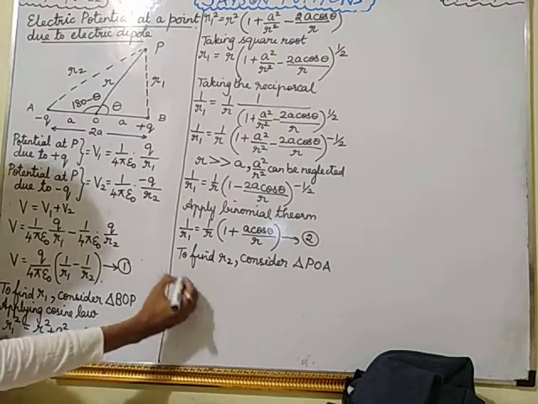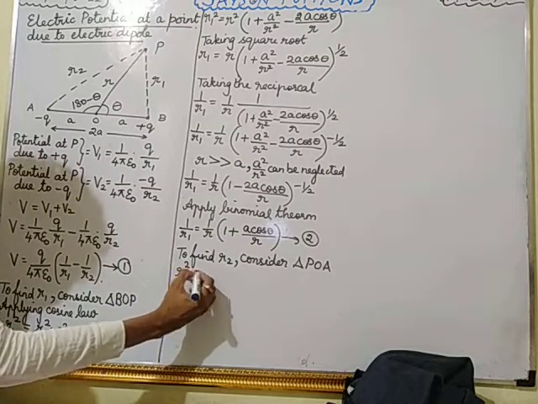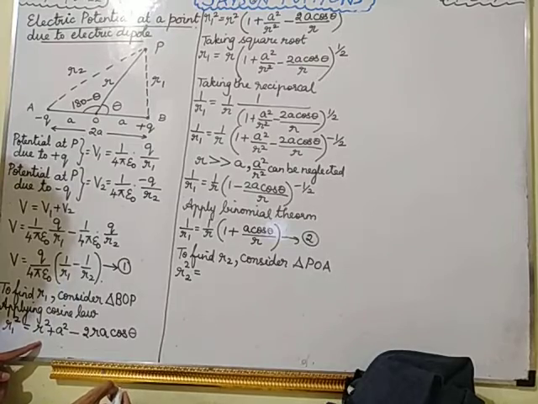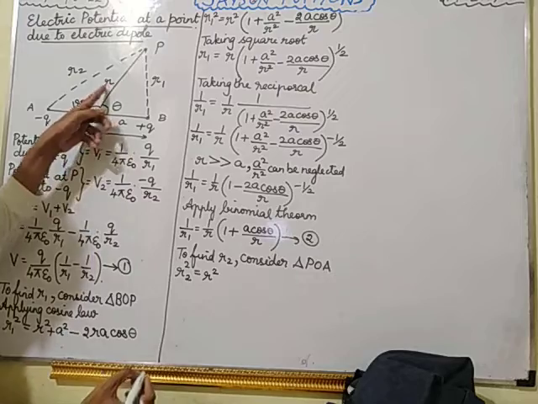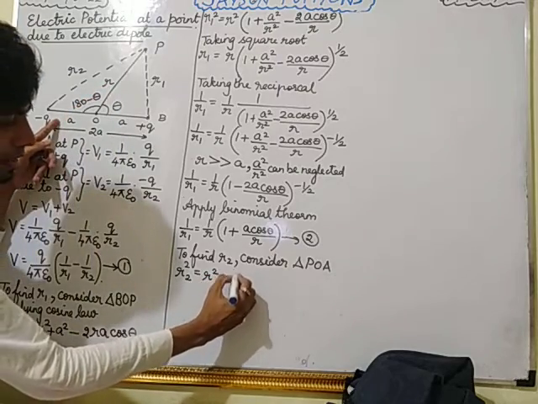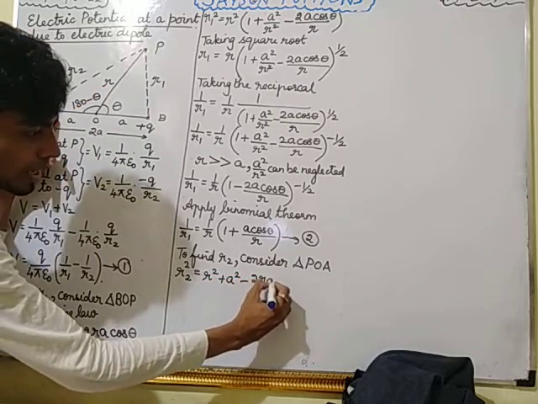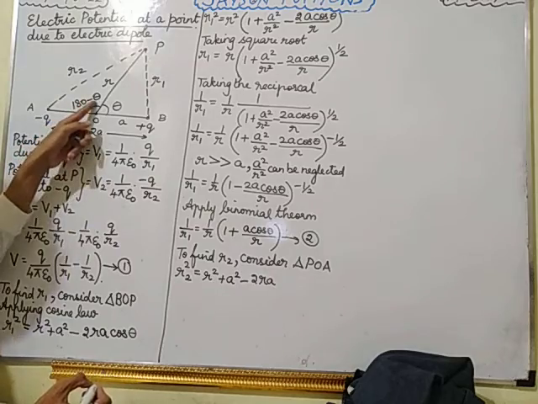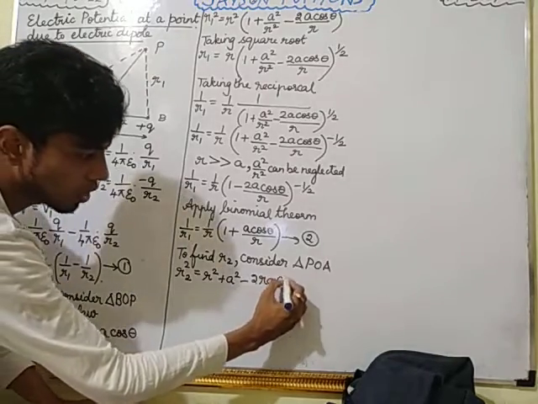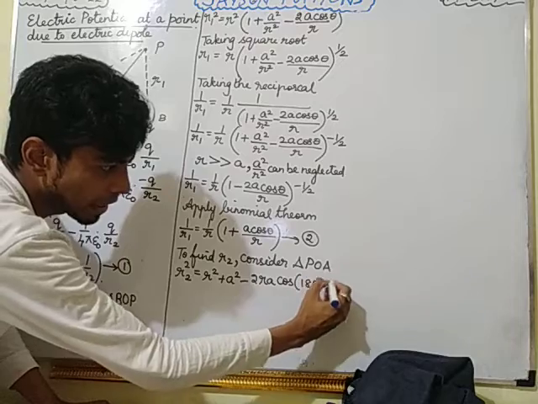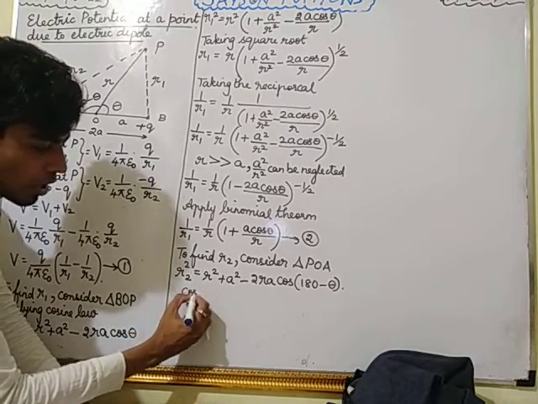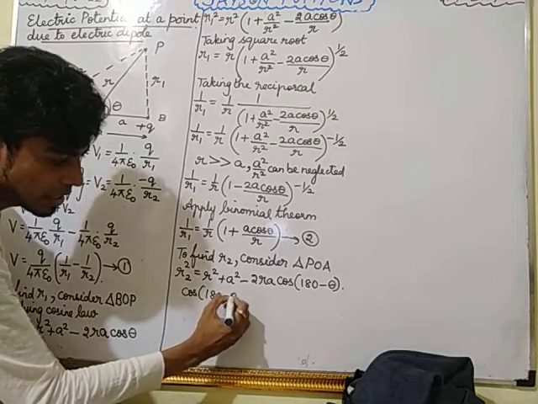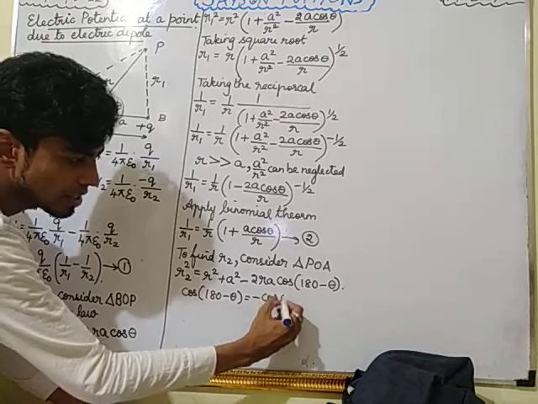R2 square is equal to, same way, if I apply the cosine law, R2 square is equal to R square plus A square minus 2RA cos of the angle in this triangle. What is the angle? 180 minus theta. So cos 180 minus theta. What is the formula for cos 180 minus theta?